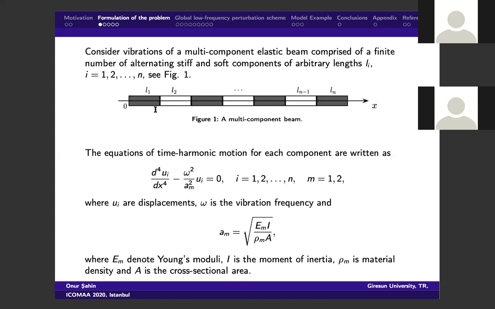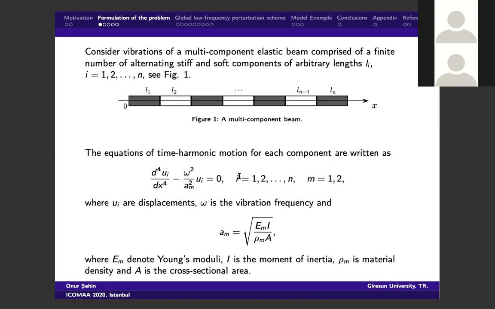For this problem, all the stiff components have the same material properties. Namely, all the stiff components have the same Young modulus A1 and the same material density ρ1. Similarly, all the soft components again have the same Young modulus A2 and material density ρ2.